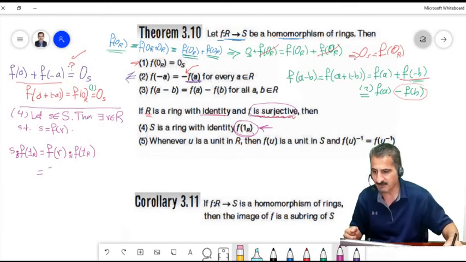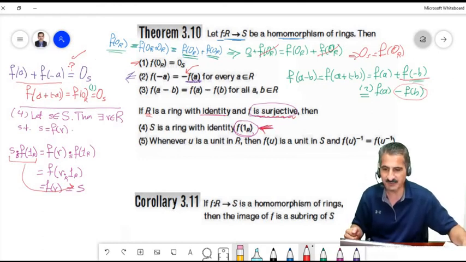So that means we can say this is f of r multiplied by the identity of R, and this is the operation inside R. But this is f of r, which is s. So what happened here, s times f of 1 gives s. So that means f of 1 here is the identity. Okay?